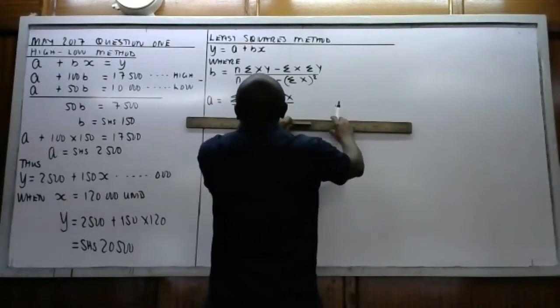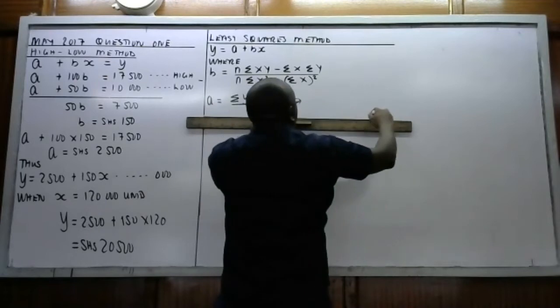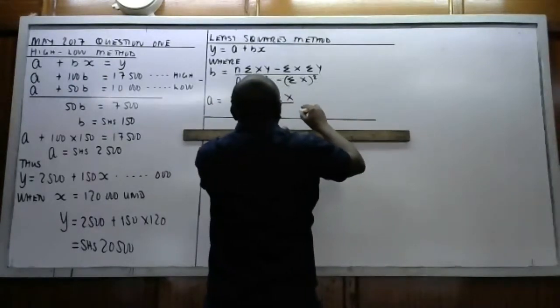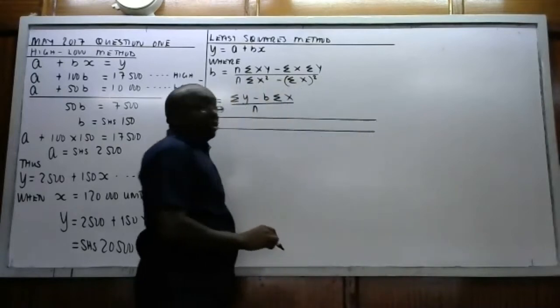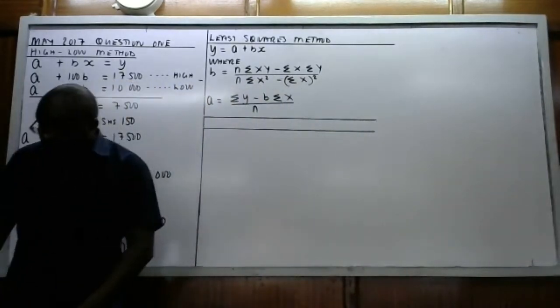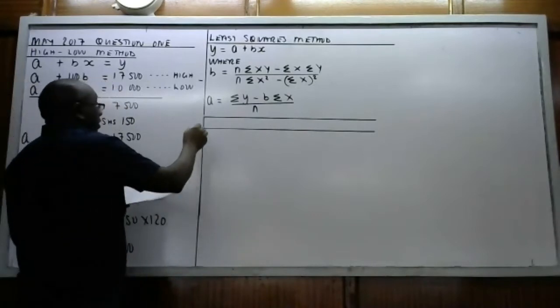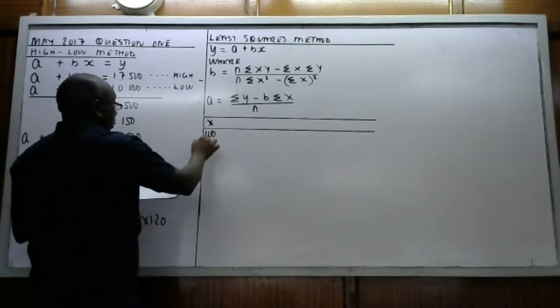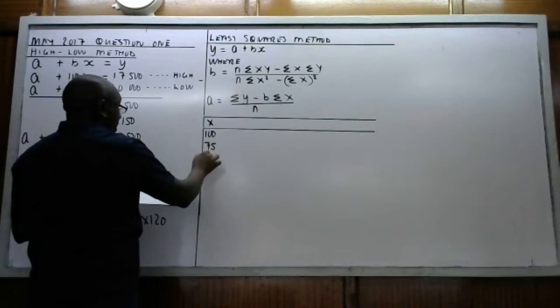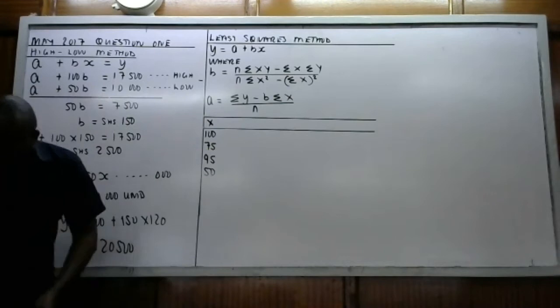So from there now, you proceed and prepare a table that has 4 columns. This is x, where you have 100, 75, 95, and 50.